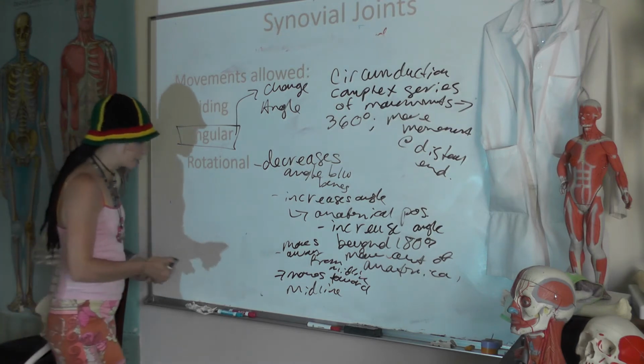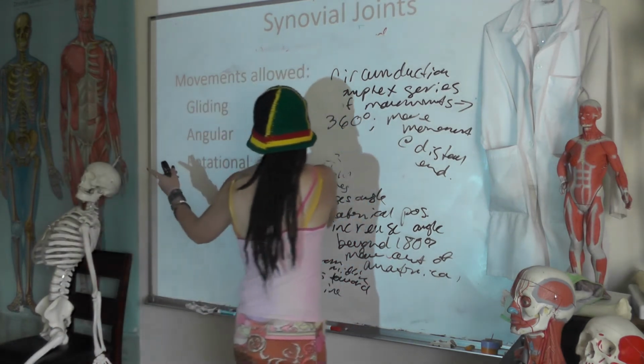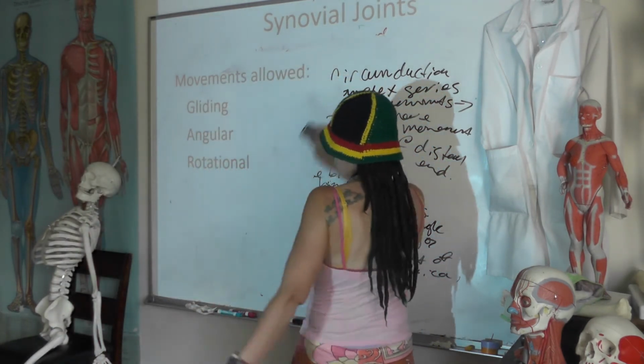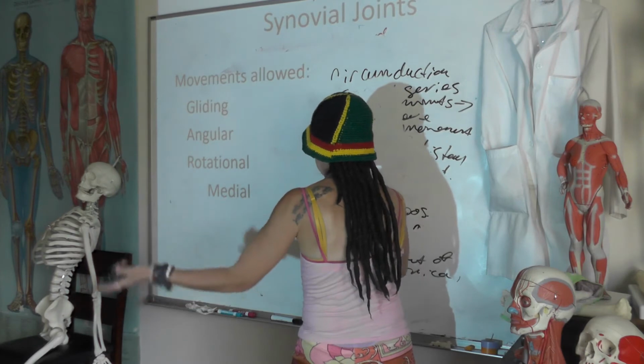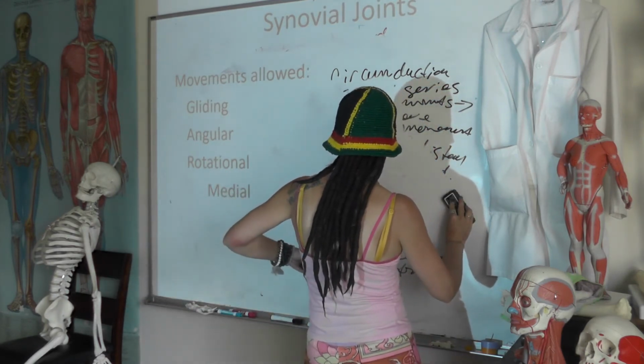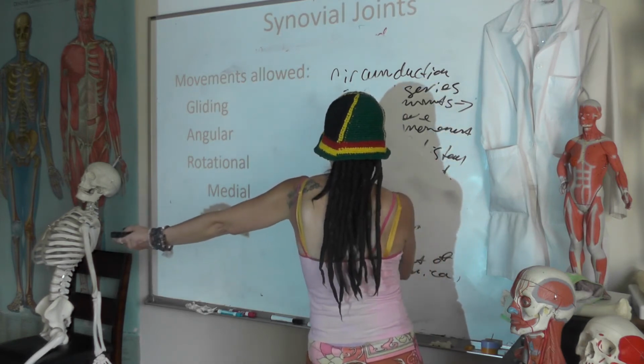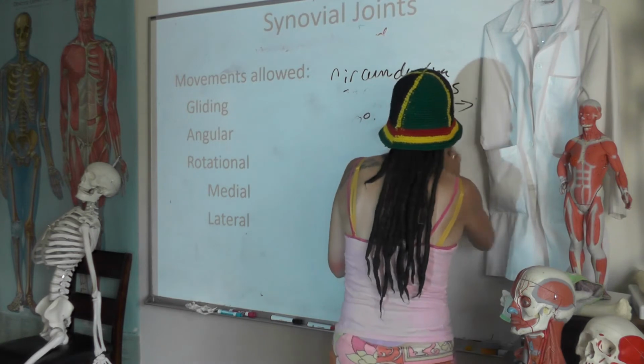Next we have rotational movements, and in rotational movements we are not changing the angle, we're just rotating on the axis. So I can do medial rotation where I rotate toward the midline, or I can do lateral rotation where I rotate away from the midline.